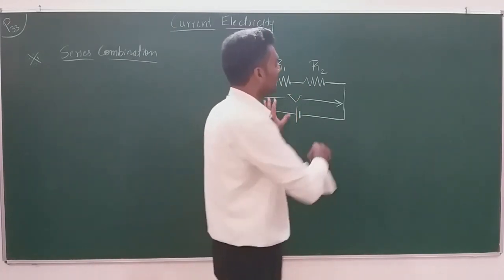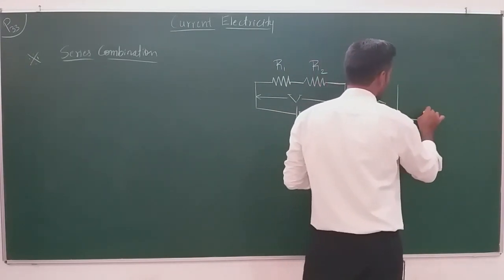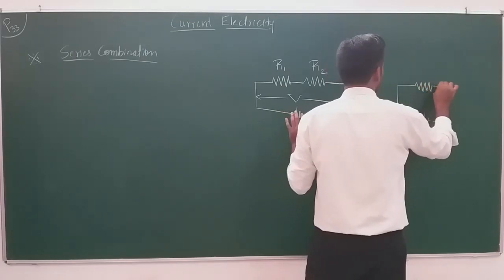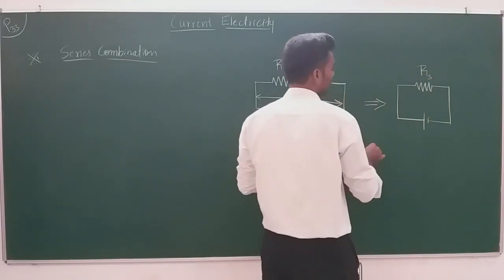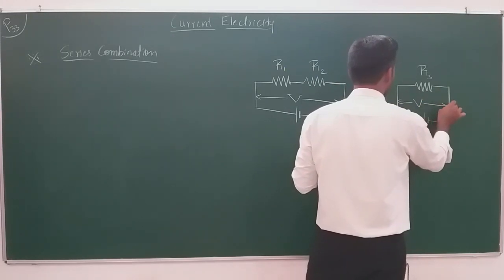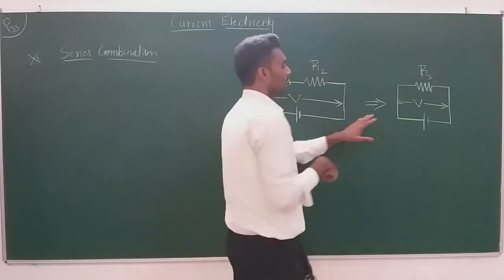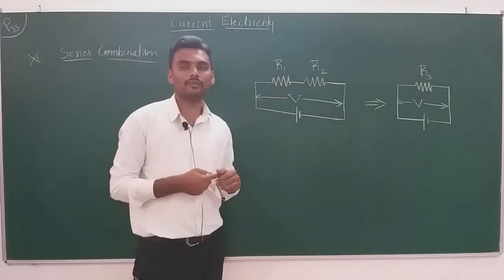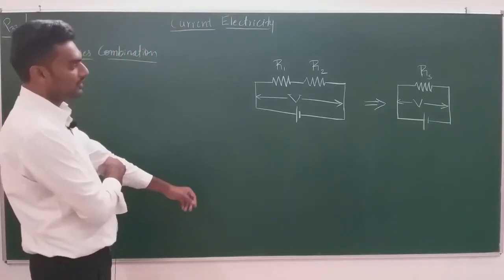Now, let us take an equivalent resistor for this combination, and let us call that RS. Okay. The same battery, when connected to the equivalent resistor RS, will give the same effect as these two resistors connected in series. Okay. These are the considerations that we should make before the derivation.